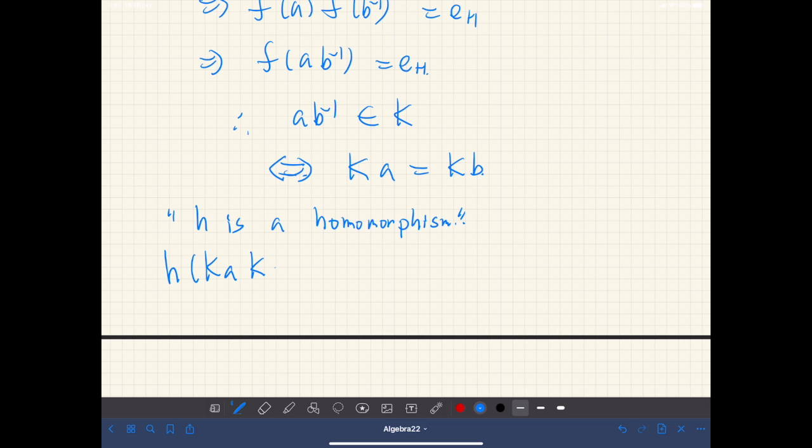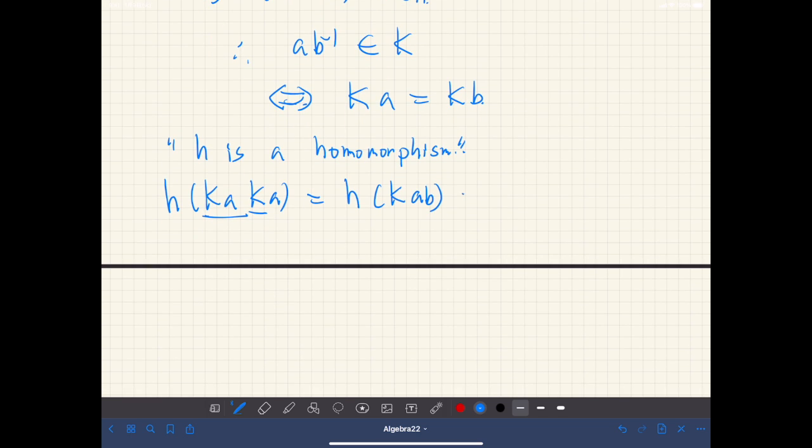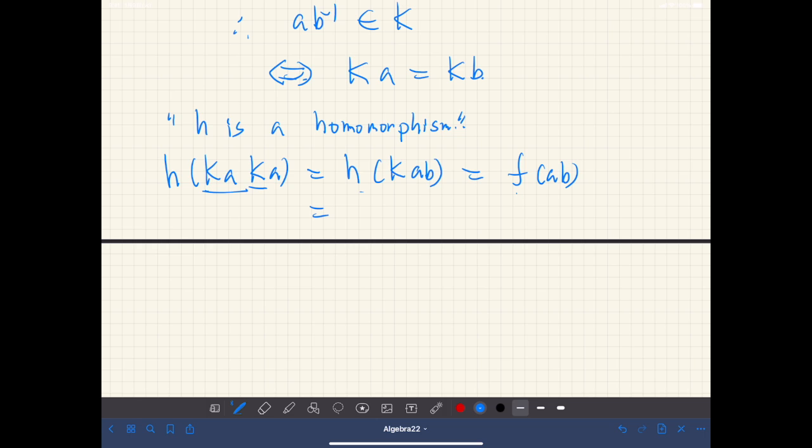Ka times Kb, by the definition of multiplication between cosets, we have Kab. But by the definition of H, we have f of ab. But f is a homomorphism, therefore we have f of a times f of b.